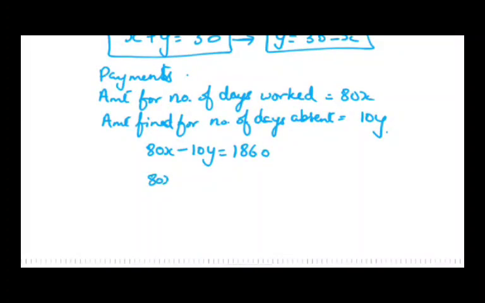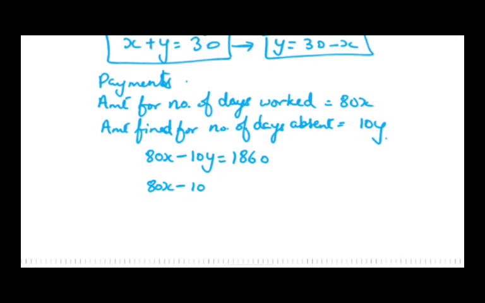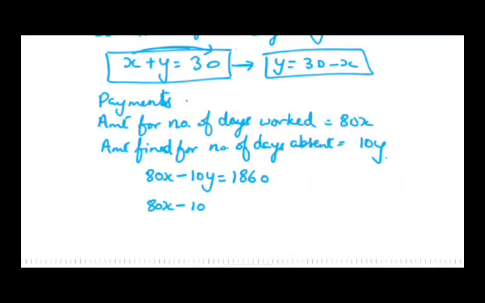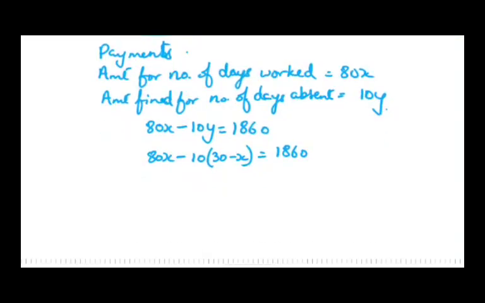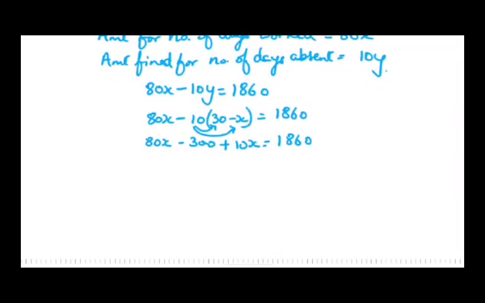And now, minus 10y, I have already removed the value of y in terms of x. So instead of y, I'm going to write 30 minus x, which is equal to 1860. 80x minus 10 into 30 is 300. Minus 10 into minus x is going to be plus 10x, which is equal to 1860. Correct?